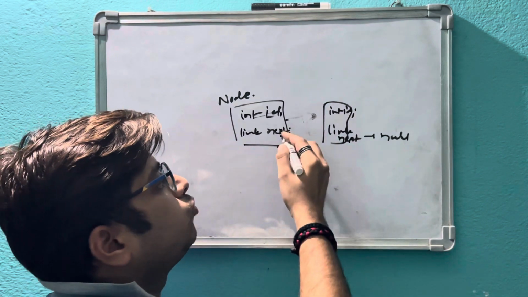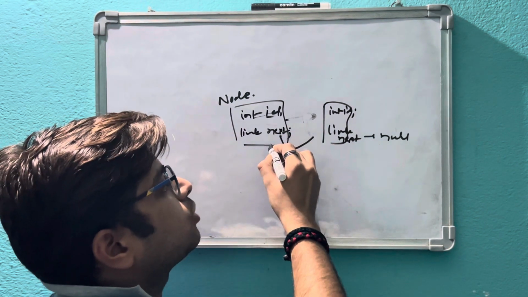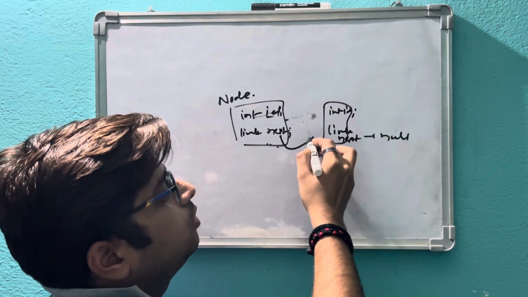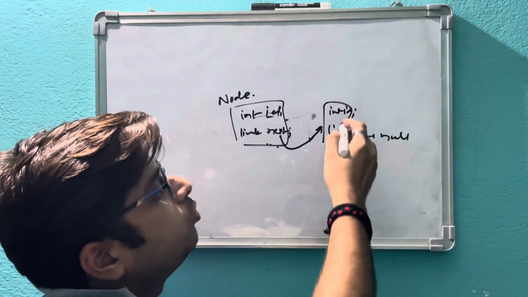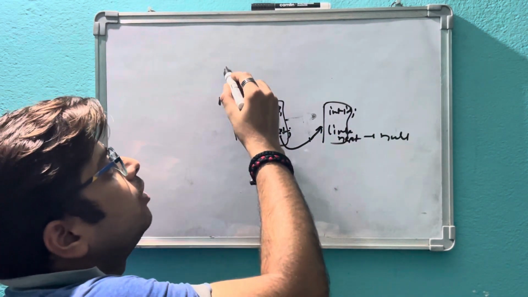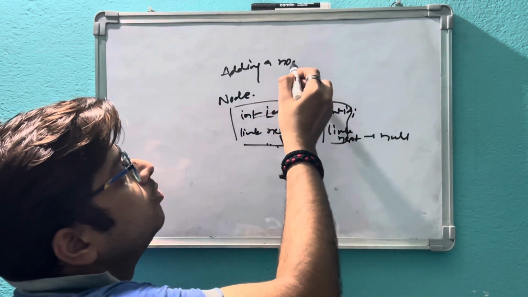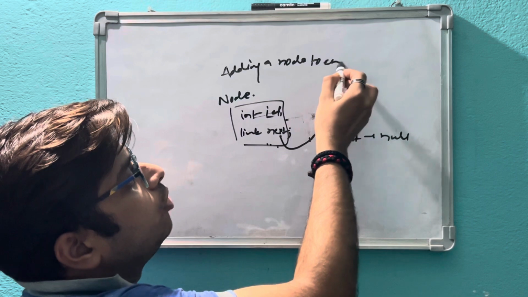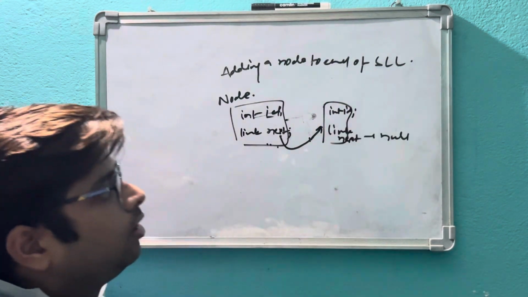In that case, I could simply point the next of the last node of the linked list to the new node which we have just created, right? So this is adding a node to the end of a single linked list.